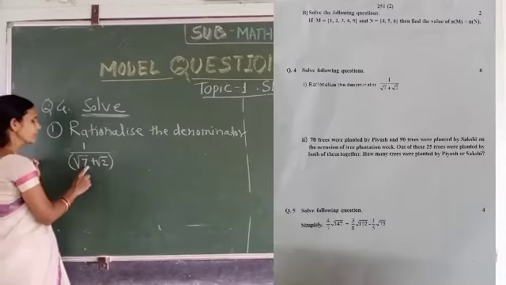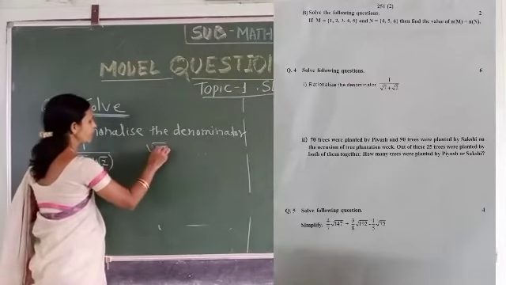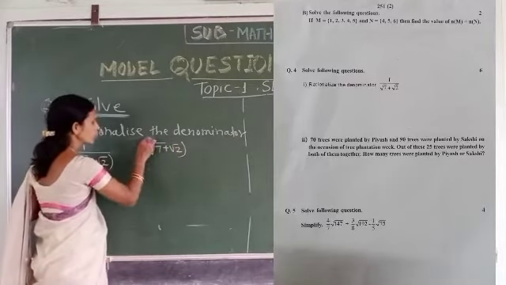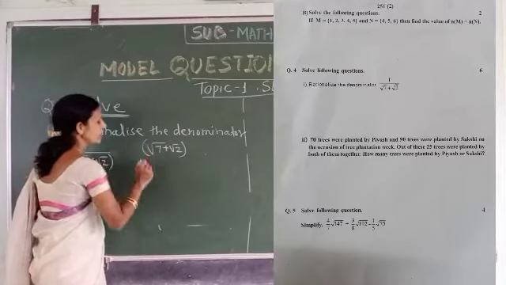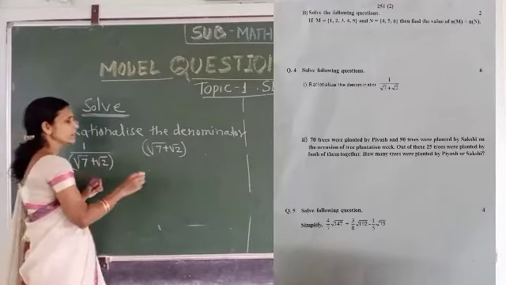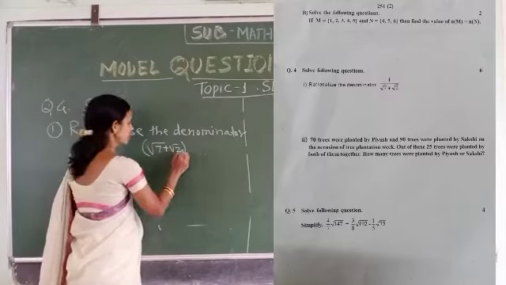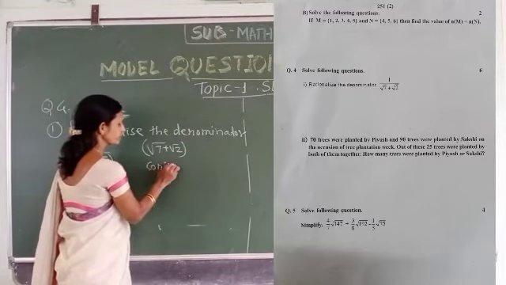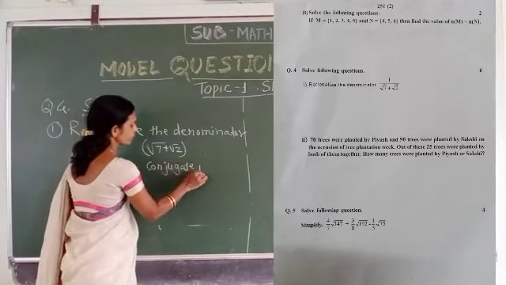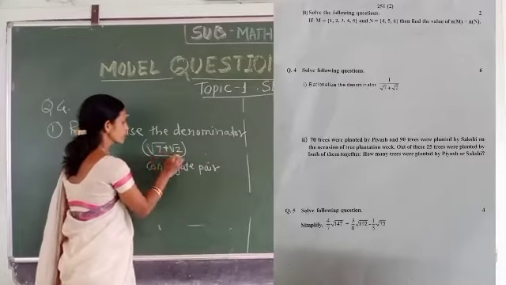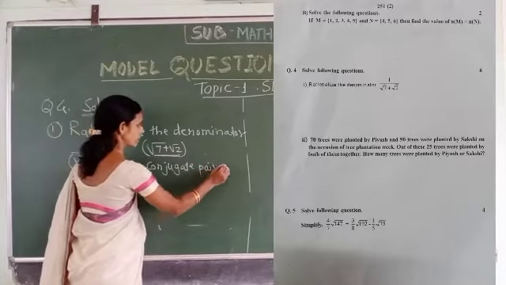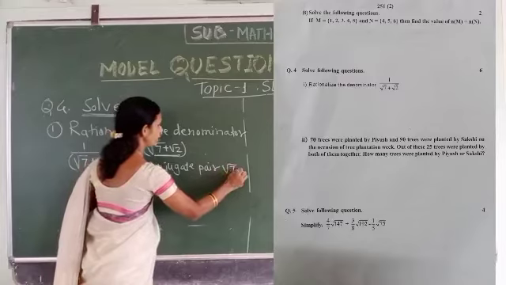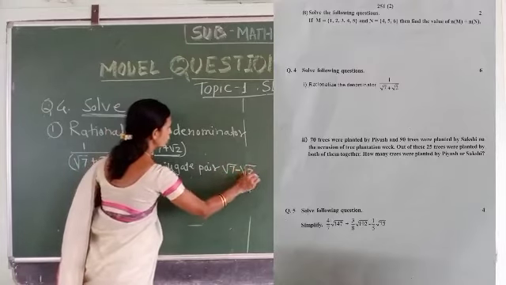Here the binomial surd expression given is root 7 plus root 2, and its conjugate pair is root 7 minus root 2.